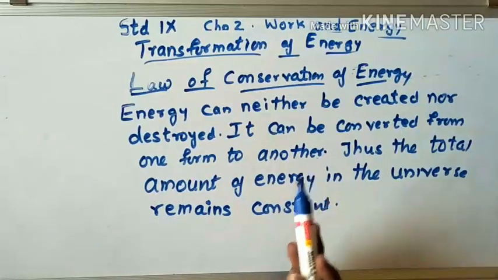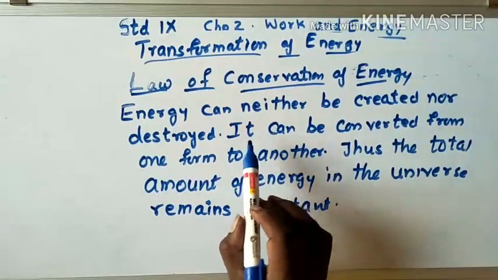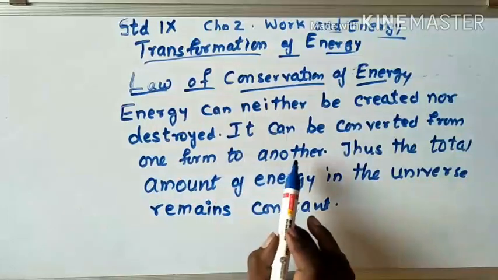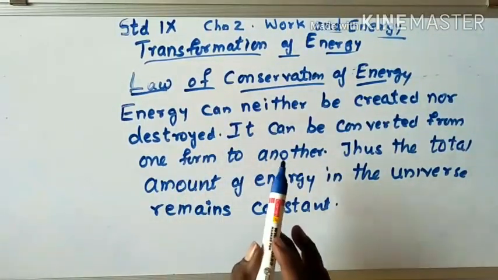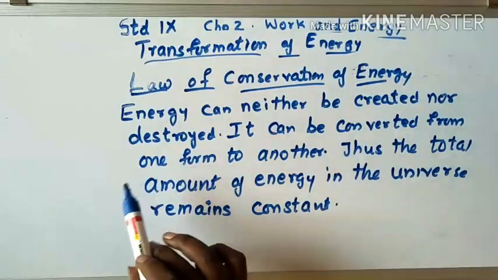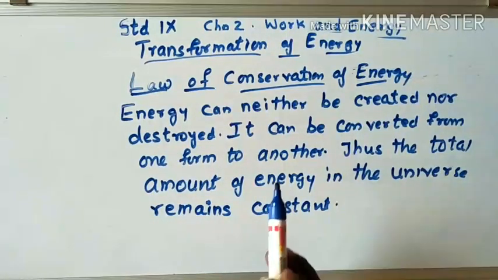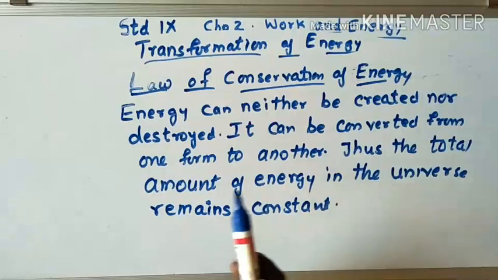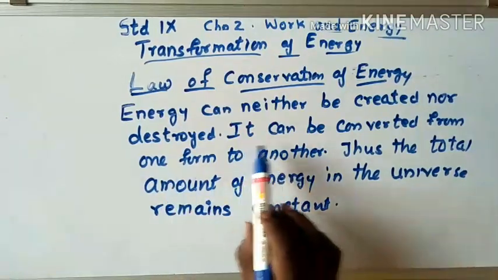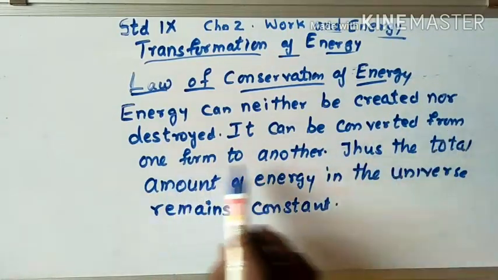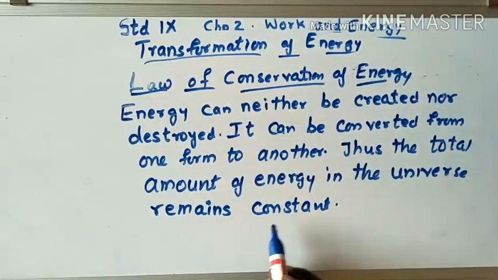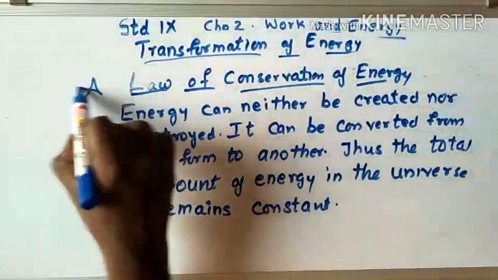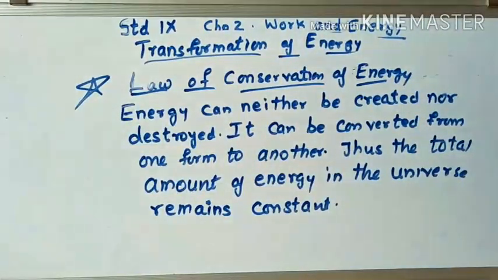We cannot create energy, we cannot destroy energy, but we can convert it from one form to another. Like in the previous example, chemical energy is converted into sound energy, and sound energy is converted into electric energy. Thus the total amount of energy in the universe remains constant. This is the law of conservation of energy.